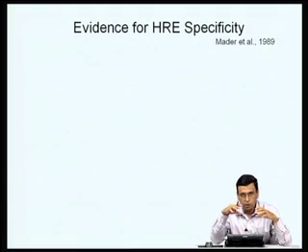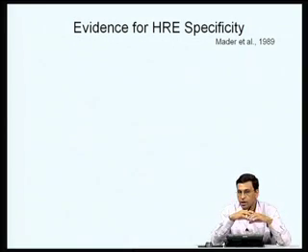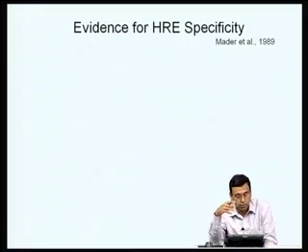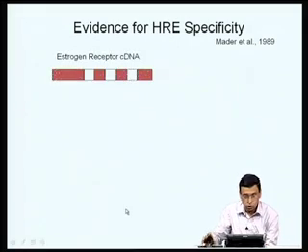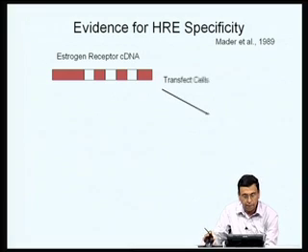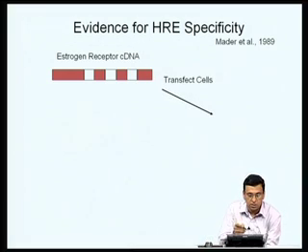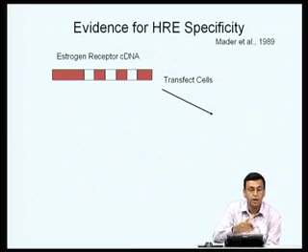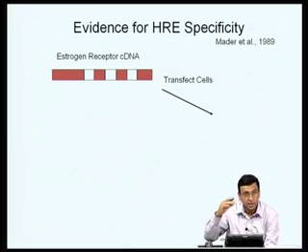So, although the target gene specificity may be similar, depending upon the cell type specific or tissue specific expression of receptors as well as different co-activator requirements, different genes may be activated or different receptors may be activated in different cells. These kinds of specificities have been demonstrated by very nice experiments. For example, in the case of the estrogen receptor, how do you demonstrate that it activates only from an estrogen response element but not from a glucocorticoid response element in the same cell type?